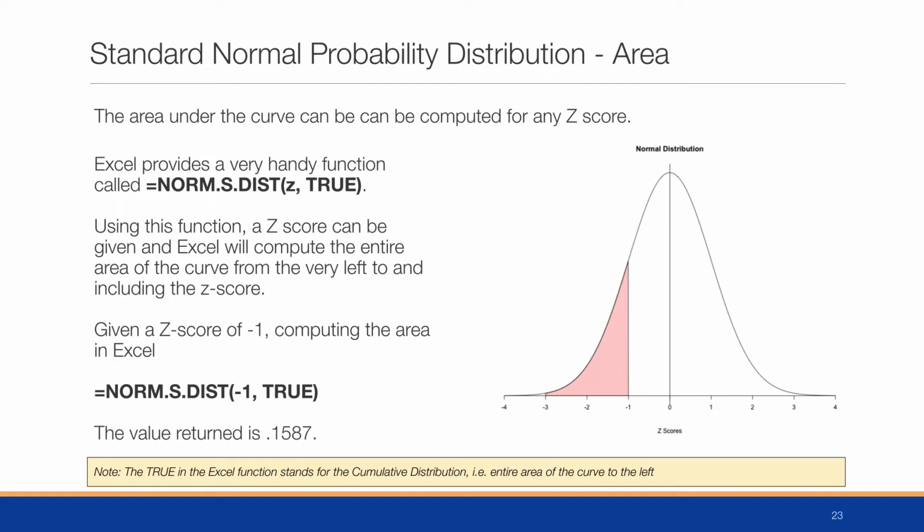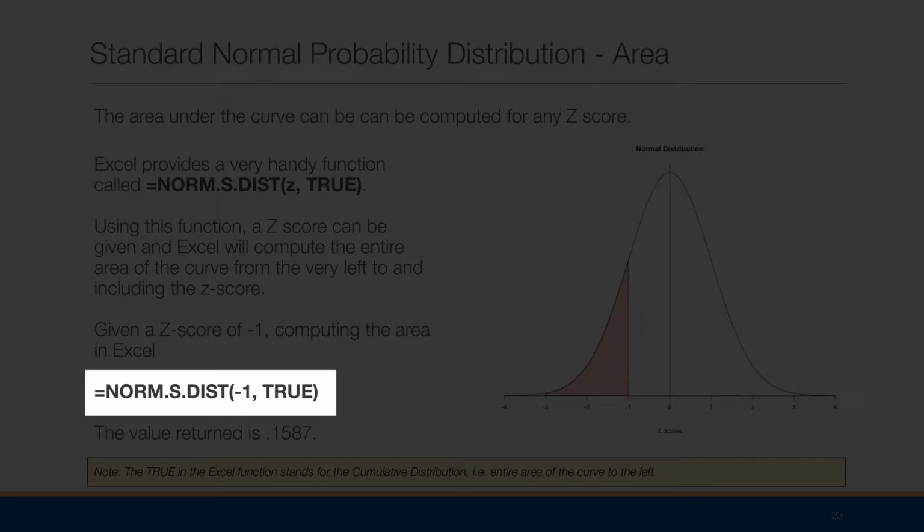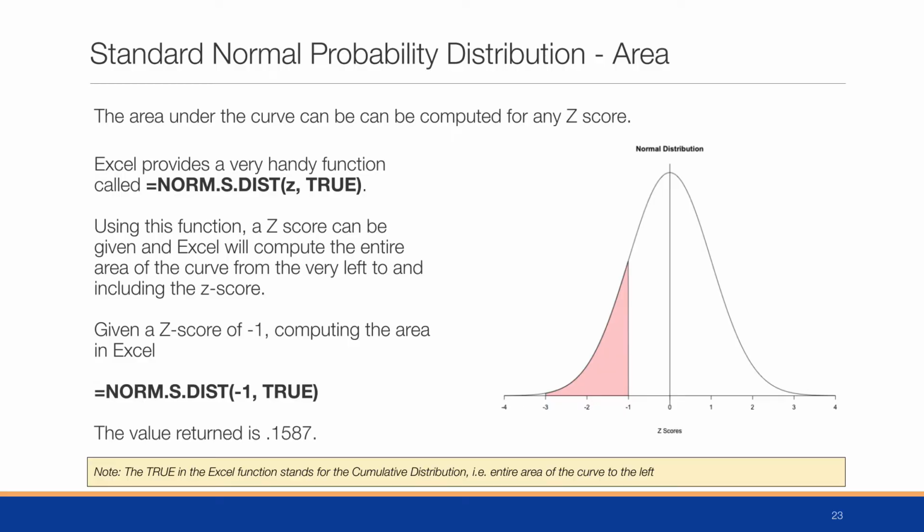By doing norm.s.dist, giving it a z-score and saying true, that true is for the cumulative distribution to the left. So here, given a z-score of -1, we can compute the area in Excel by saying norm.s.dist, -1, comma true, and the value returned is 0.1587, meaning that the area of this shaded region from -1 all the way to the left will be 0.1587.